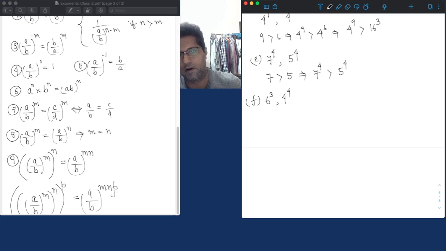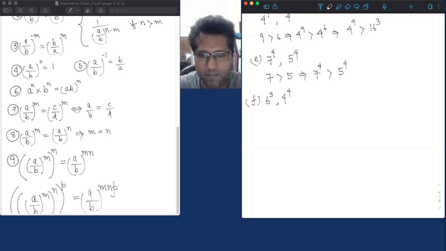So since the powers are not so big, you can manually evaluate the exponents into a number, and then check.